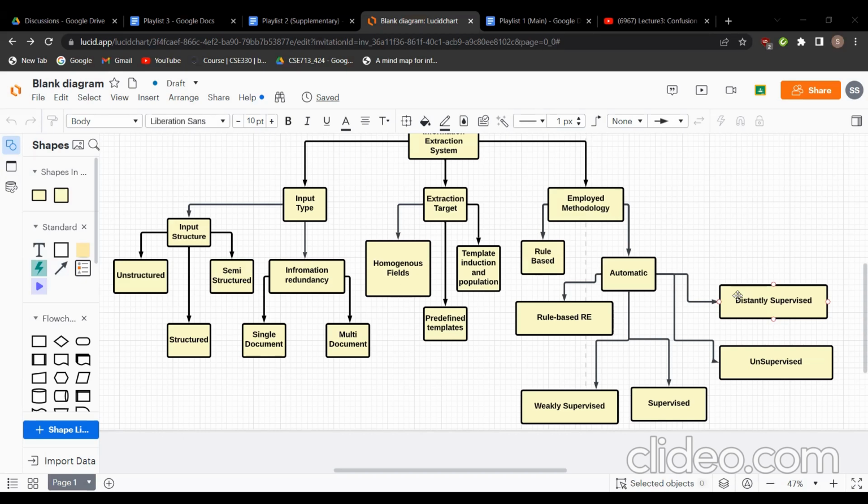Then we extract features from those sentences and train a supervised classifier on that.